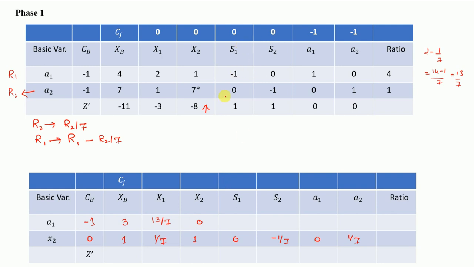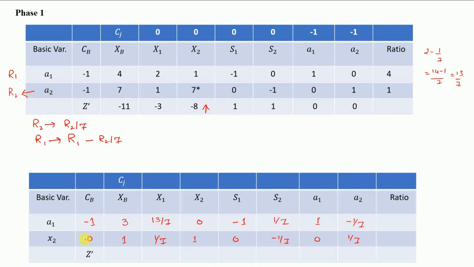Minus 1 minus 0, this is minus 1. And look at this, 0 minus 1 by 7, so this is minus 1 by 7. So 1 minus 0, this is 1. This is 0 minus 1 by 7, this is minus 1 by 7.